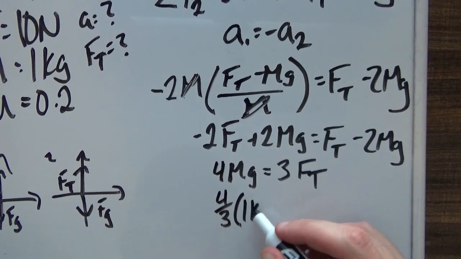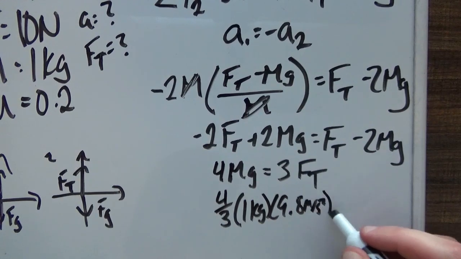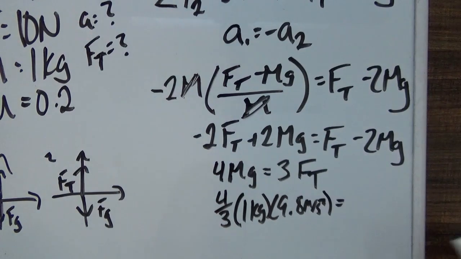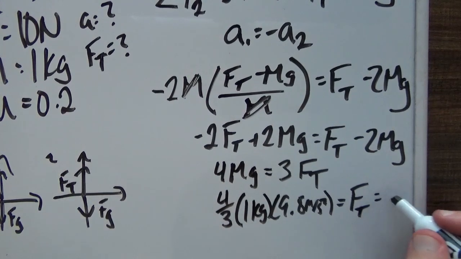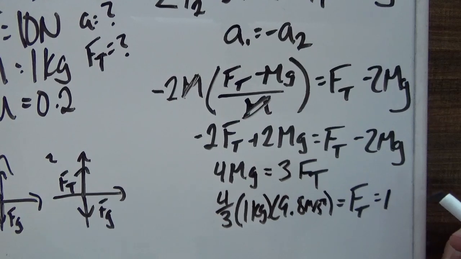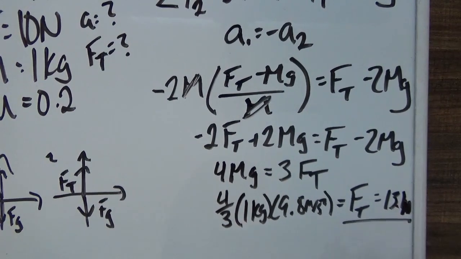M is 1 kilogram, g is 9.8 meters per second squared, is equal to FT. You do this math, 4/3 times 9.8. Let me do that. 4 divided by 3 times 9.8 is 13.0667, whatever. So 13.1 newtons. That's our FT.